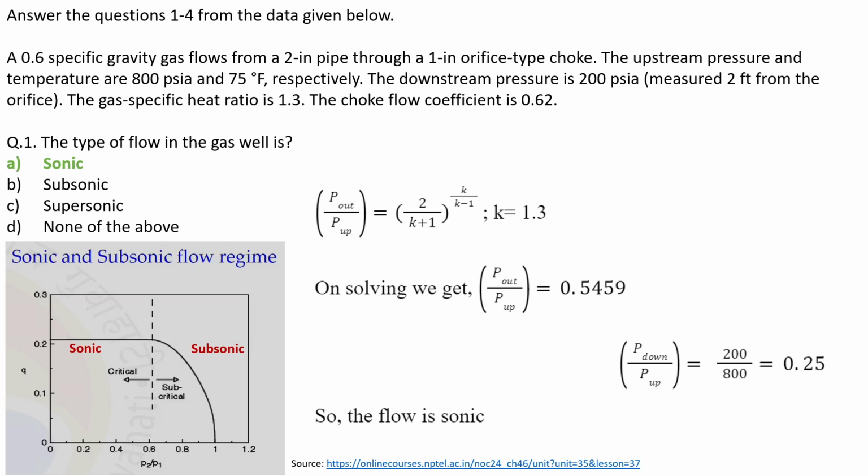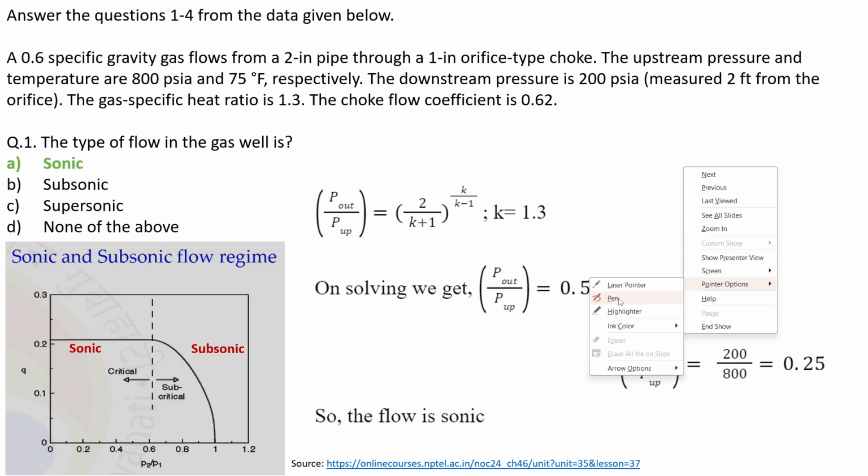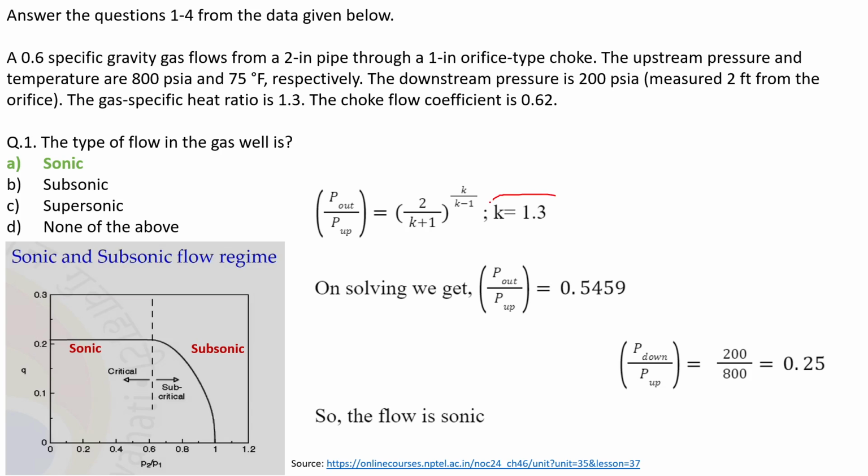For that we need the value of K. The K value is already given to us, which is the gas specific heat ratio, that is 1.3. As K is known to us, using this K value in this equation, we can find out the ratio of P outlet by P upstream.